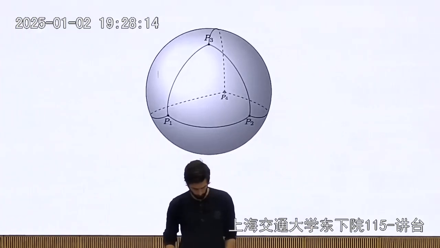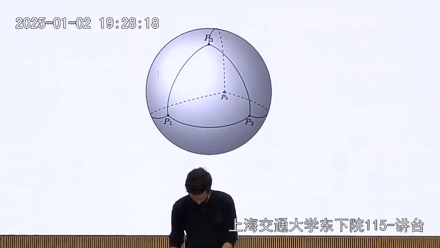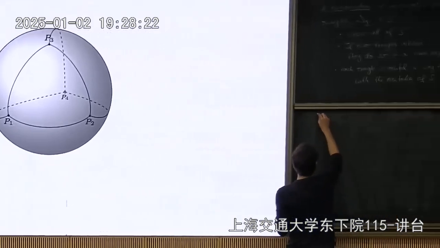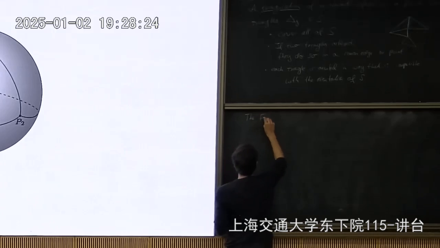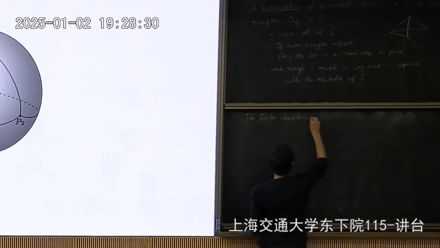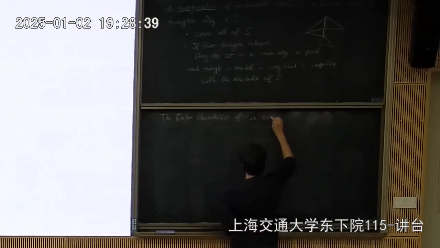And this number is called the Euler characteristic of a triangulation.